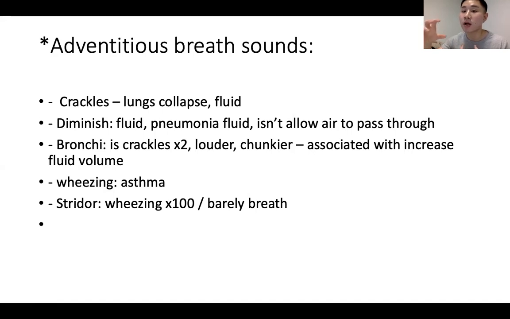The patient cannot get any air in. So wheezing is like stage 1, and when the patient progresses to stridor, especially asthma patients, they can black out and die because of the airway obstruction.